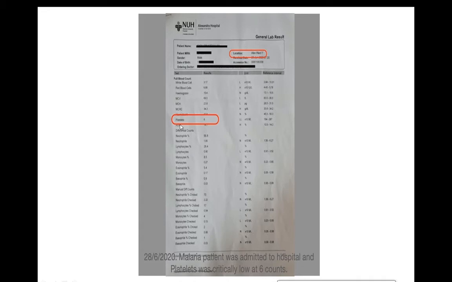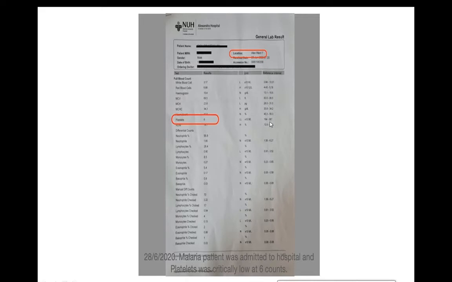You can see here it is not clear, but you can see the platelets are 6. You can see how many platelets are there in his blood? Only 6. You can see here the normal range is also given in your blood report. If you have a blood report in your house, you can see the result is given, then the unit, in which unit we are measuring those things, and the reference, meaning the normal range, is also given in that blood report.